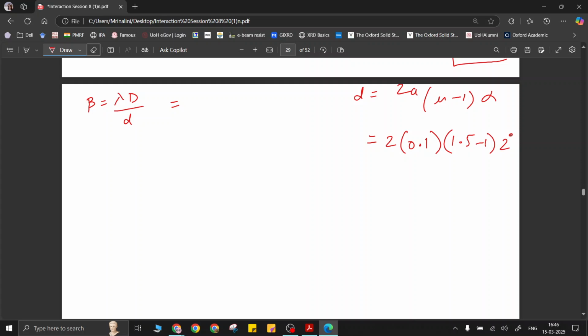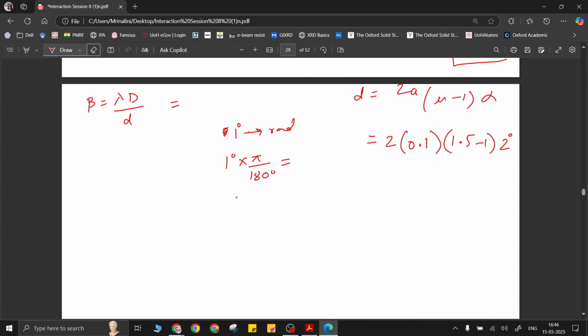Now we cannot keep it in degrees, we need to convert it into radians. If I want to convert 1 degree into radians, then 1 degree multiplied by pi by 180 degrees. So 1 degree is pi by 180 radian.